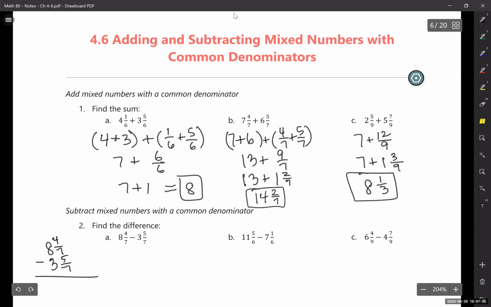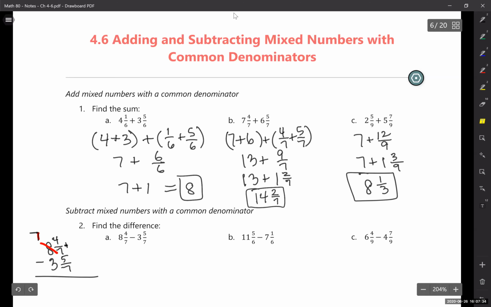And what I'm doing is I want to borrow 1 whole for this problem, and you need to think about what 1 whole equals, because I can't just put a 1 right here, because it's not really a 10 that I'm borrowing, it's a 1 that I'm borrowing. And so in this example with sevenths, that means I borrowed a 1 and I made it a 1.